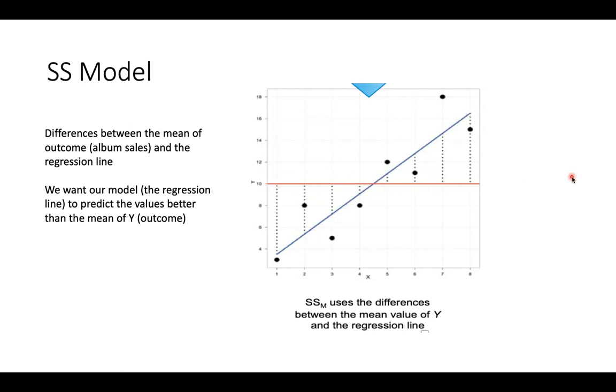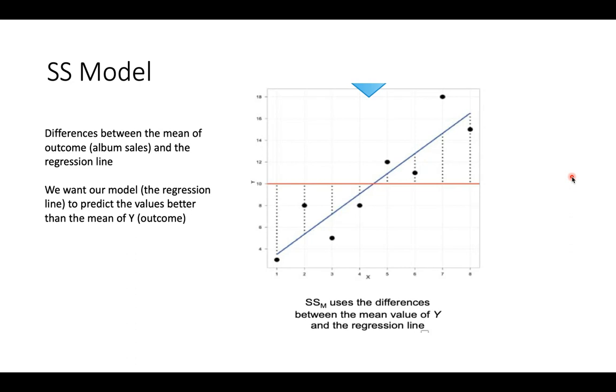So for example, if I asked you, can we predict album sales using advertising dollars? And if the average of album sales is 100,000 albums, right? Our outcome is 100,000.